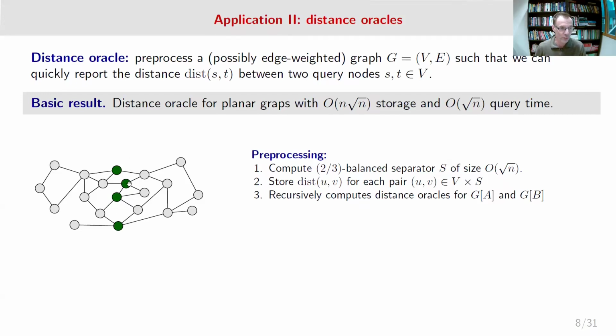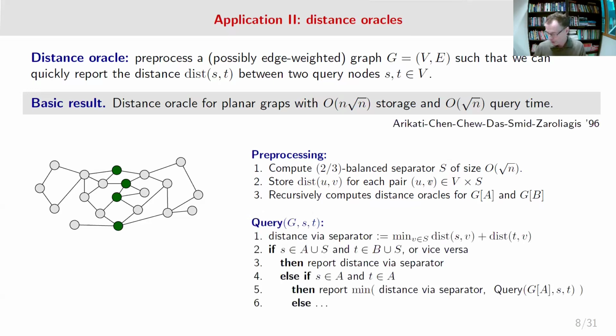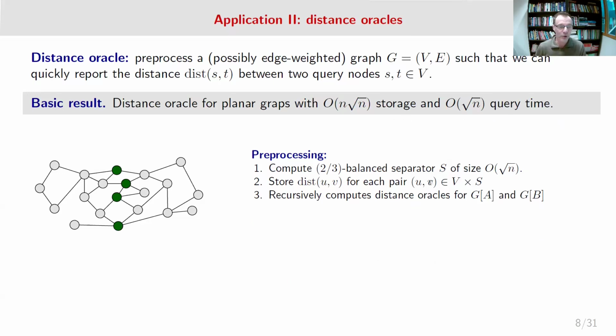So for this node U, I compute the distance to this node V in the separator, and then I recursively compute a distance oracle on the left and on the right.